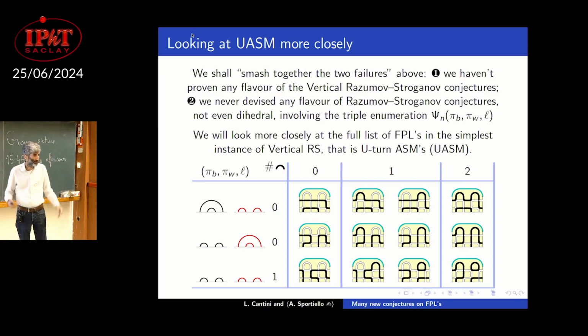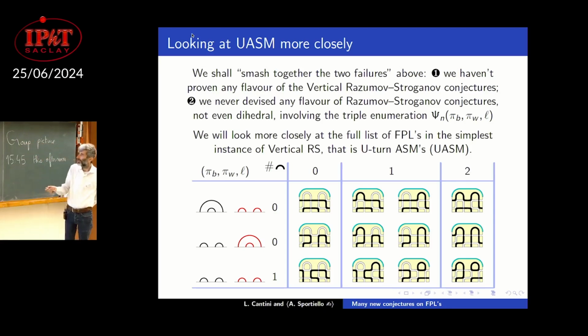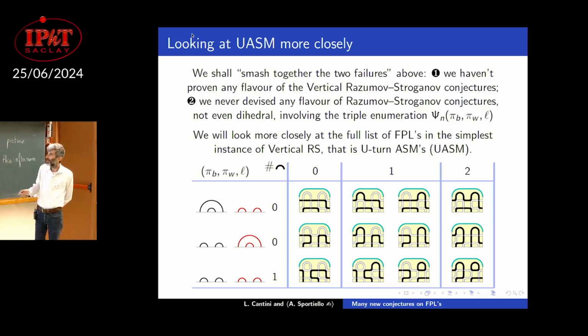Why? Just because. In this simple example, you see that I'm also counting them according to the number of black arcs on top. And you see, here there is 1, 1, 1. 2, 2, 2, 1, 1, 1.